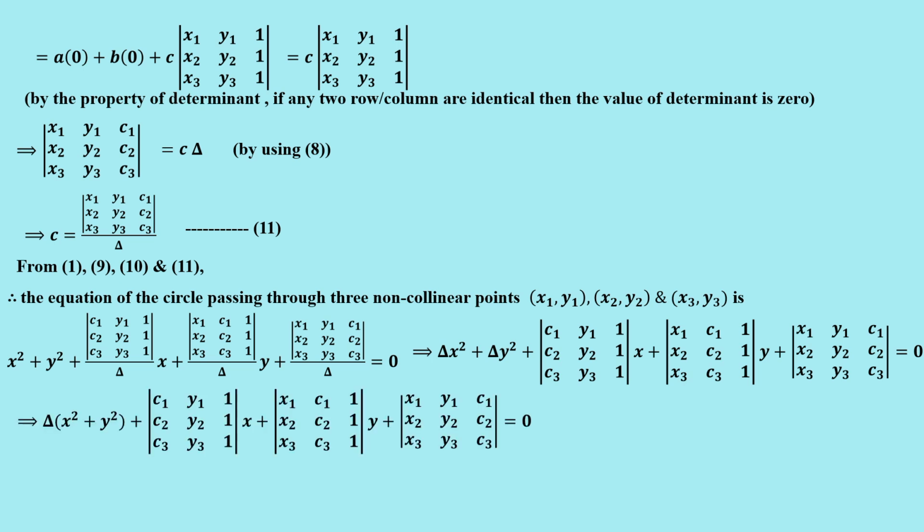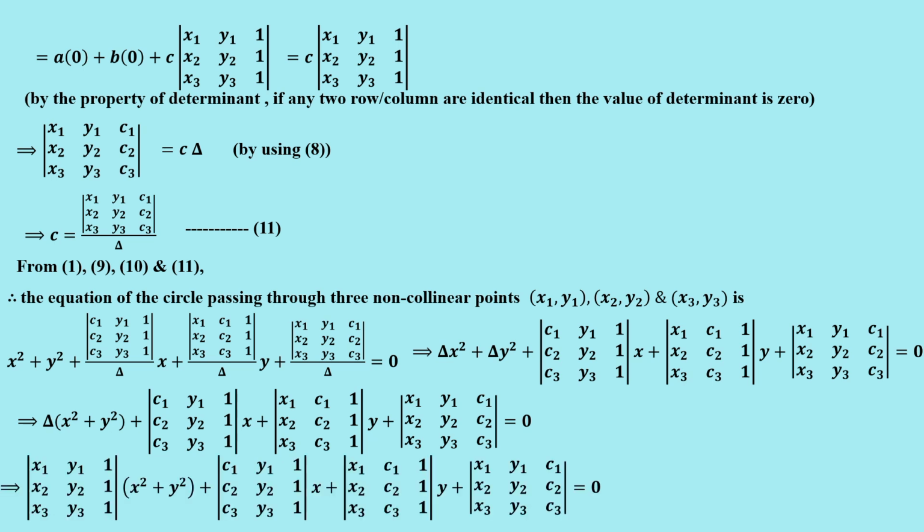Because the whole thing is divided by delta, delta into 0 on the right hand side gives 0, so there will be no denominator in that case, right? So taking delta common, delta into x square plus y square plus the determinant c1, c2, c3, y1, y2, y3, 1, 1, 1 into x, plus the determinant x1, x2, x3, c1, c2, c3, 1, 1, 1 into y, plus the determinant x1, x2, x3, y1, y2, y3, c1, c2, c3 equal to 0.